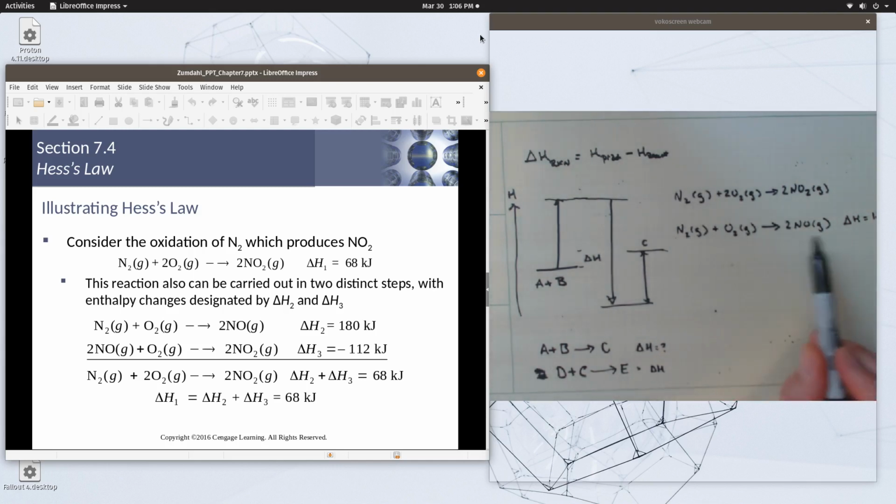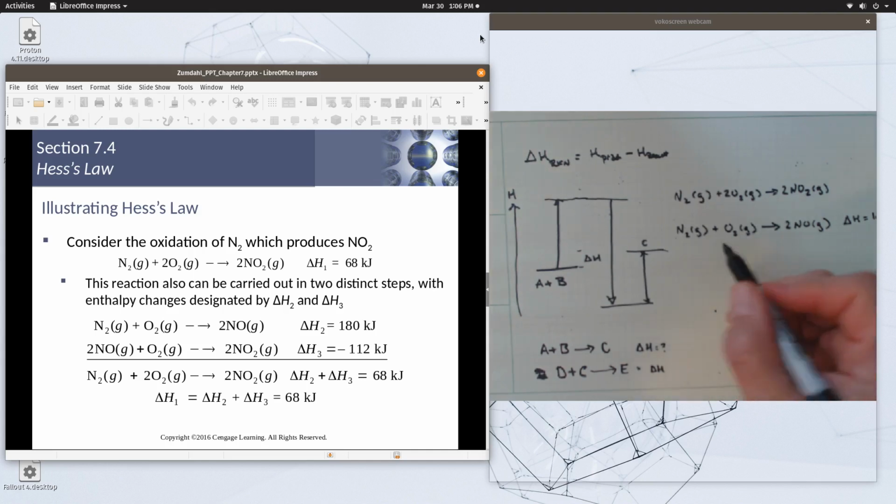These are all molar quantities. So 1 mole of this plus 1 mole of that to produce 2 moles of this requires 180 kilojoules. This particular reaction is per molar quantities: these stoichiometric coefficients give you, or require, 180 kilojoules per mole of enthalpy to create this quantity.